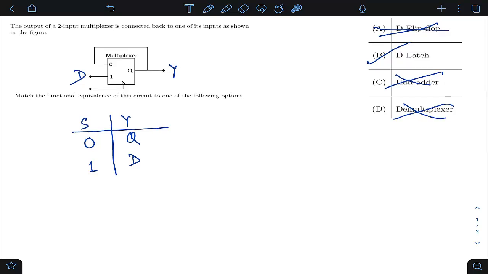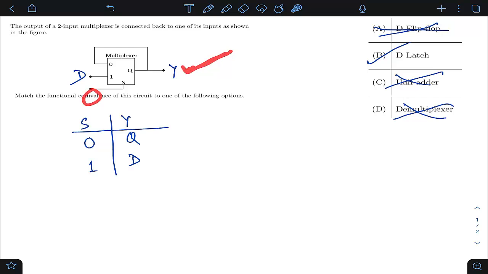There is no change, because if I make S equal to 0, this line is constantly tied to this. If it would have been 0 earlier, it will be holding 0 permanently, and if it would have been 1 earlier, it will be holding 1 permanently as long as S equals 0. So if S equals 0, there is no change in the state of the output.